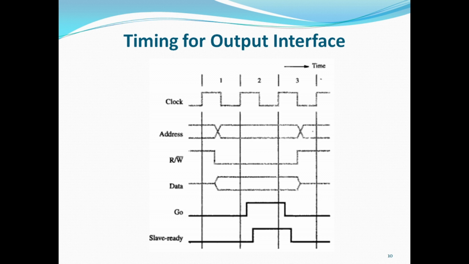This line must have a pull-up resistor connected to ensure that it is always in the high voltage state, or negated state, except when it is pulled down by some device. That is our conclusion about this interface circuit.